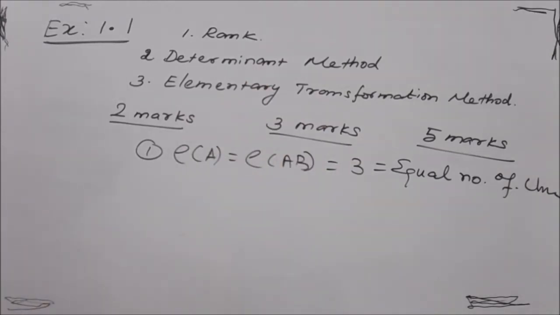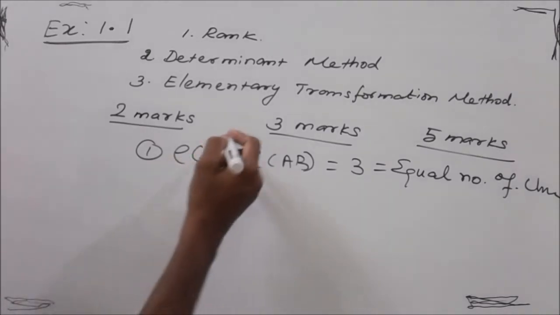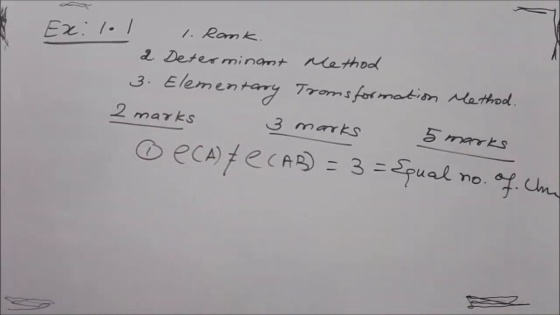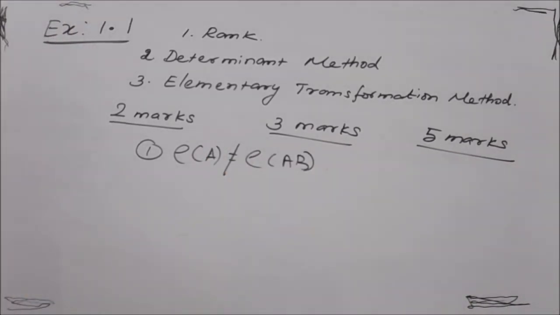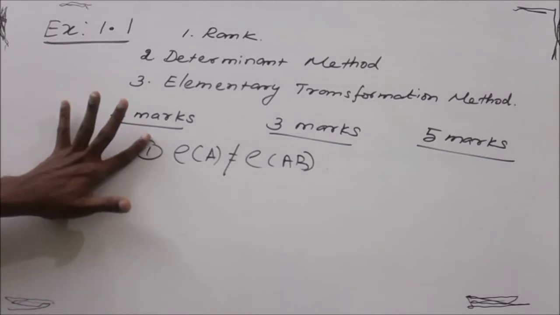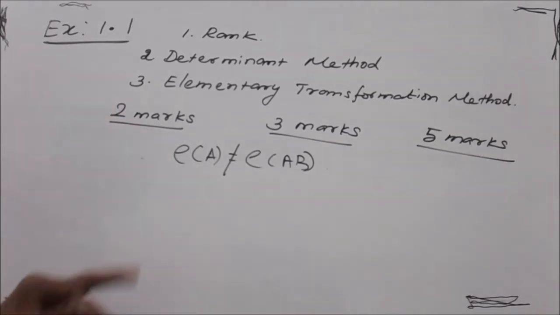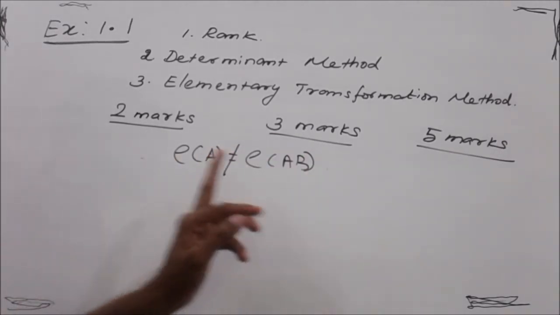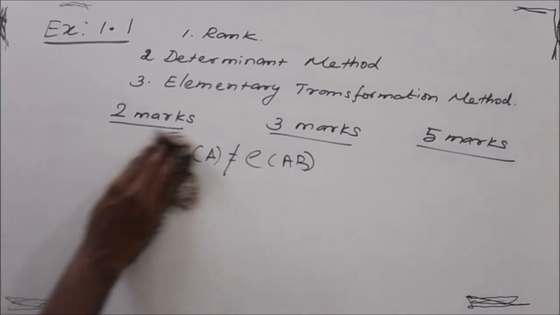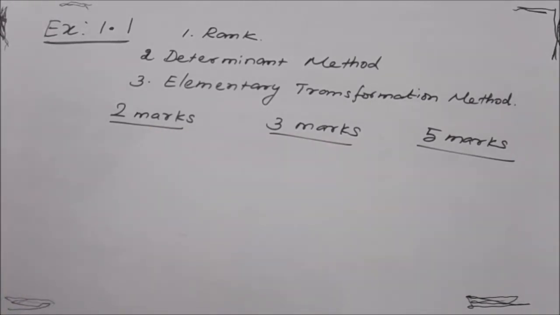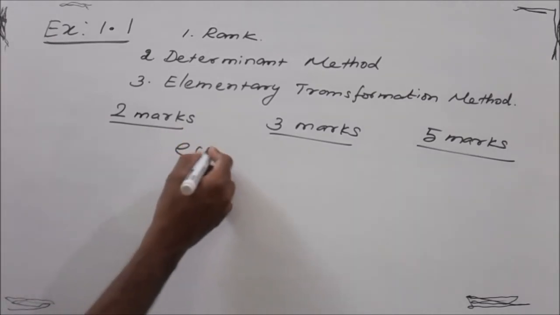If rank of A is not equal to rank of AB, the system is inconsistent, it has no solution. So the first case, rank of A equal to rank of AB equal to the number of unknowns, the system is consistent and has a unique solution. The second case, rank of A is not equal to rank of AB, the system has no solution. And one more case exists, that is rank of A equal to rank of AB.